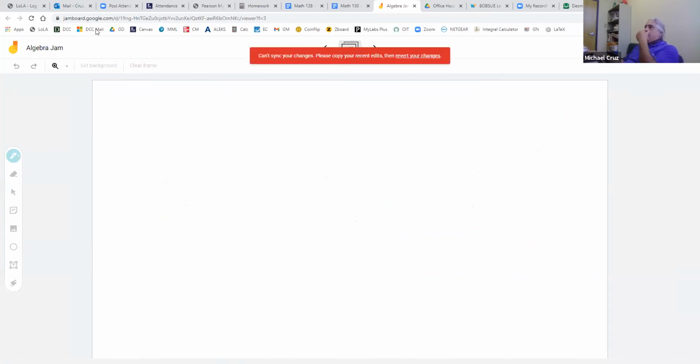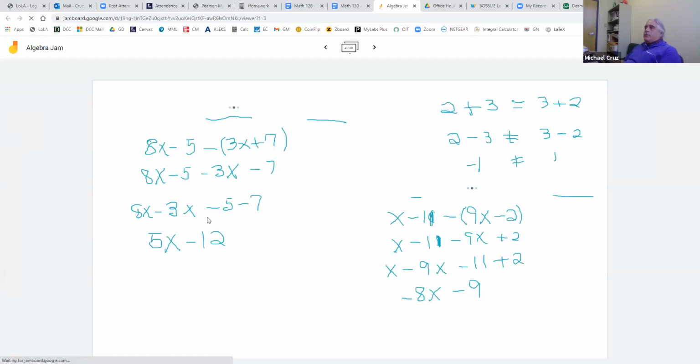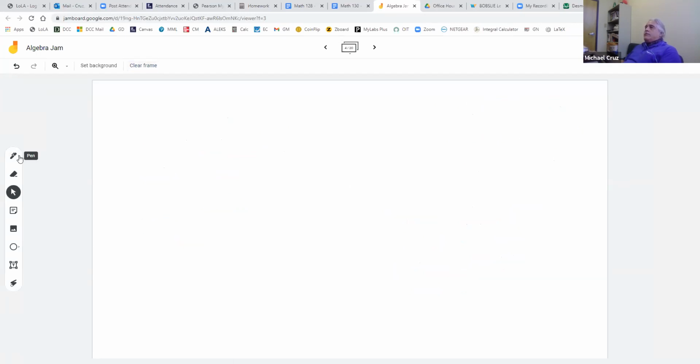So the key is trying to solve this for y. And I'll show you what I mean. So this was the formula for a circle, or for that particular one.